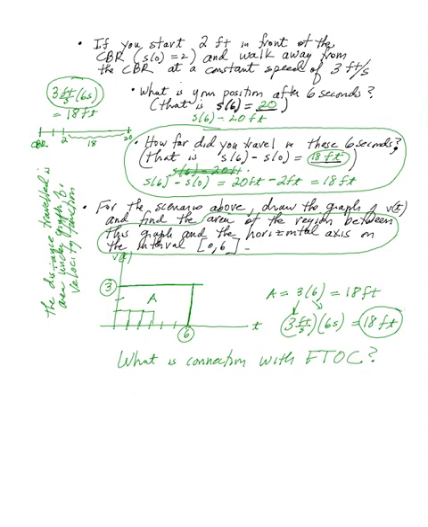Well, we know that the derivative of position, how fast position is changing over time, is velocity, right? So if the derivative of position is velocity, that tells us the antiderivative of velocity is position. And there are lots of different position functions that have the same velocity function or derivative, so I really need this plus c.